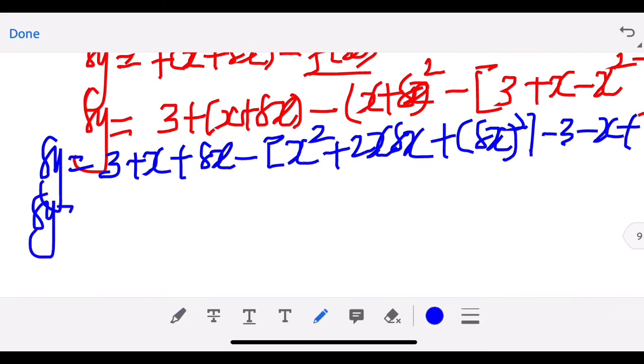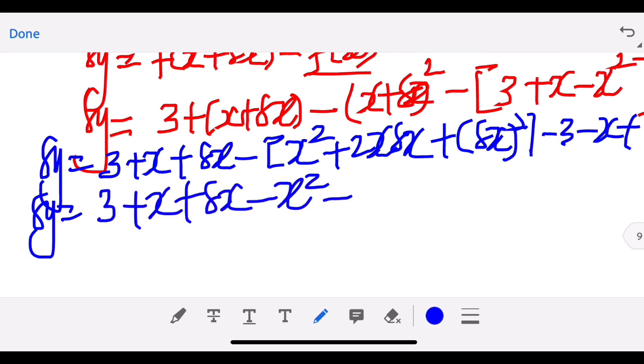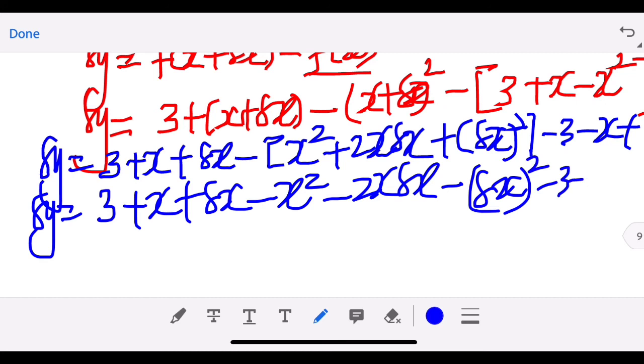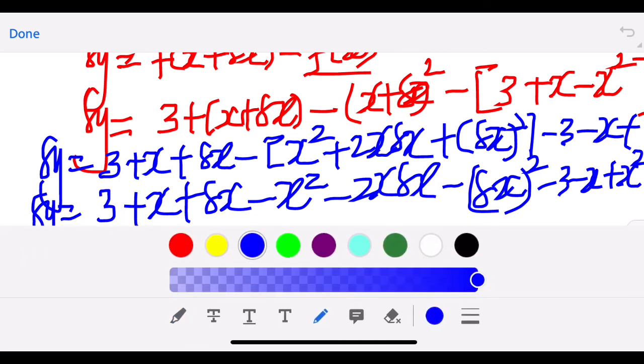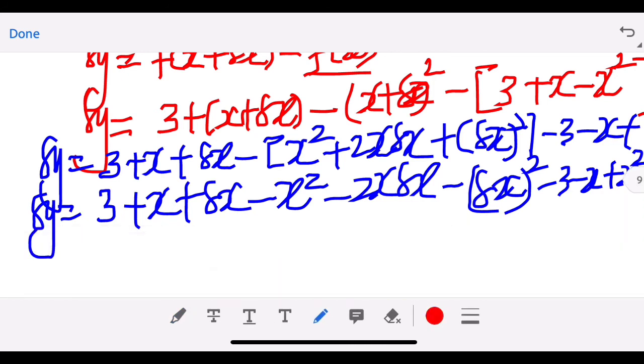Let's try again. So we have 3 plus x plus delta x minus x square minus 2x delta x minus delta x square minus 3 minus x plus x square. Okay, let's see which one can be cancelled out. Be very careful. When you cancel out, we have many terms that can be cancelled out.